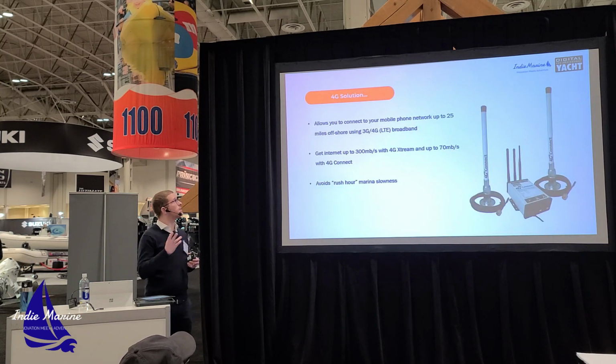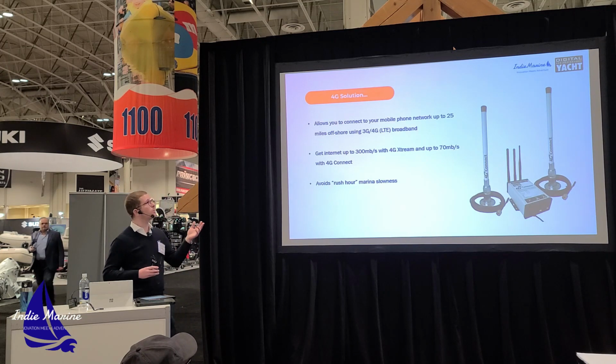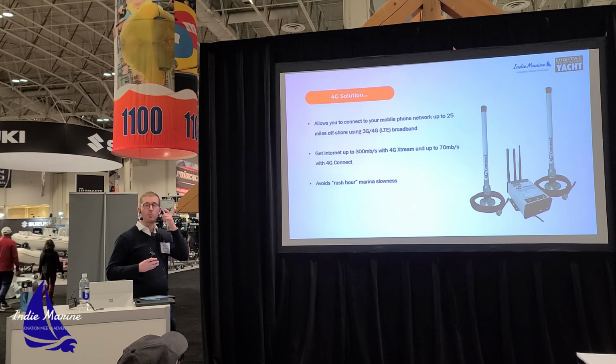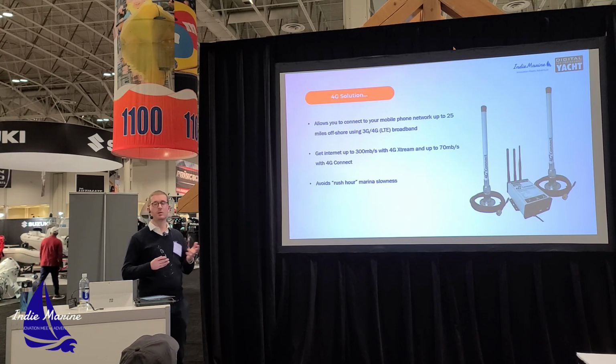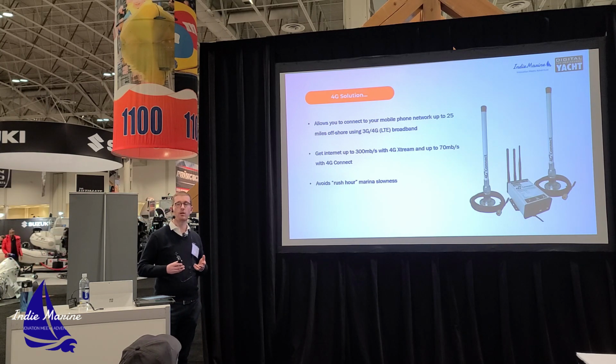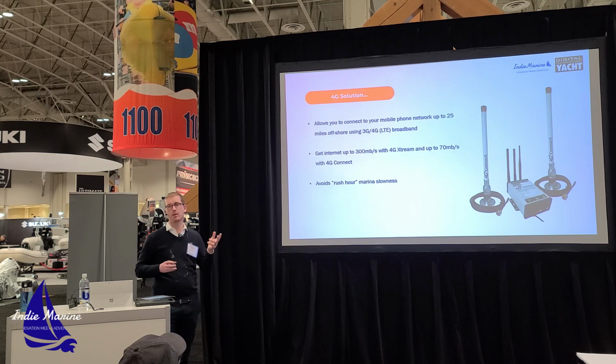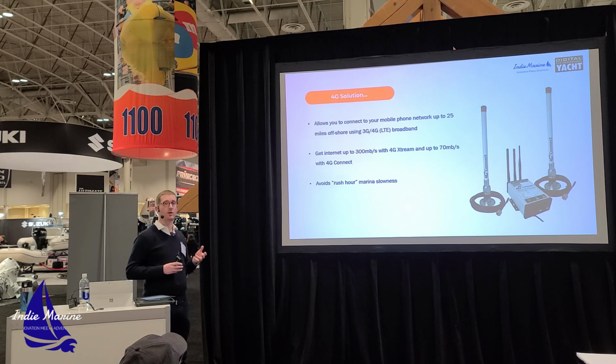So let's discuss the most important option from my point of view, which is 4G. As I said, a Wi-Fi hotspot is nice, but most of the time the internet is very poor. You need a password, so you're relying on an outside Wi-Fi hotspot, which may or may not be good. With 4G, all you need is a SIM card, and Shane will explain afterwards about the SIM card.